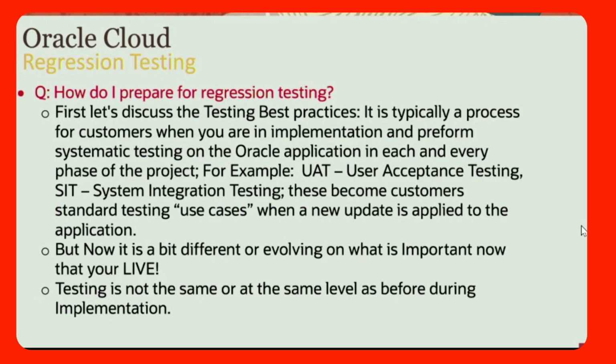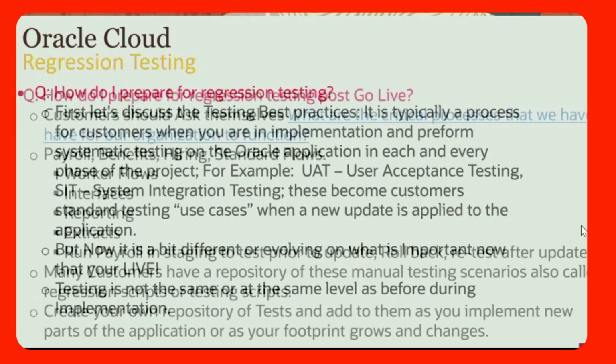These are very similar use cases that you would go through to make sure the application works as intended. So that's what we're talking about. But now, it's not the same level when you're live. You shouldn't have to be doing a full suite of regression testing for your entire application. Again, top of mind, the key critical things you want to be able to test for.